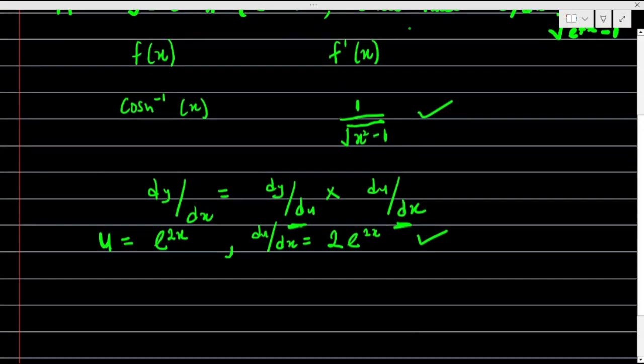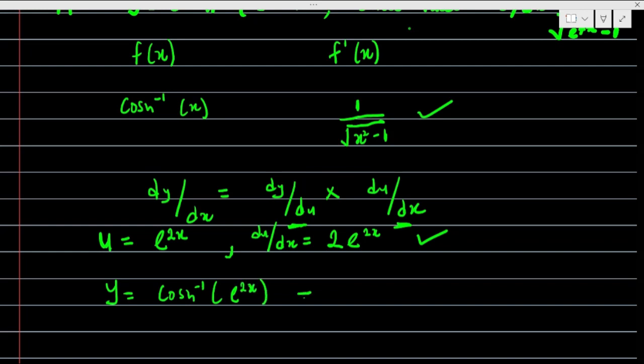So don't forget that since we have assigned u to be equal to e raised to power 2x, you know that my function, which is y, is actually equal to cosh inverse of e raised to power 2x. Now that we have assigned u to be equal to e raised to power 2x.